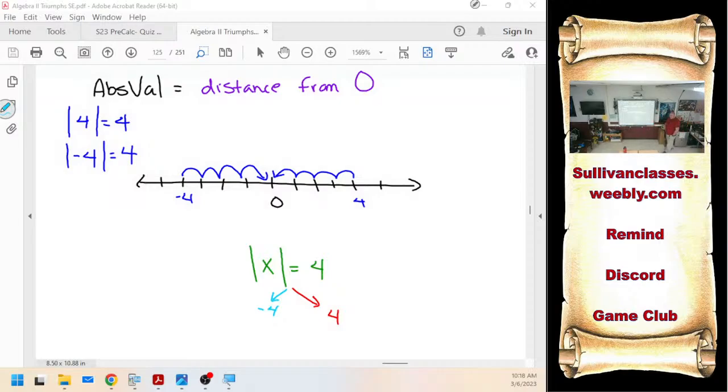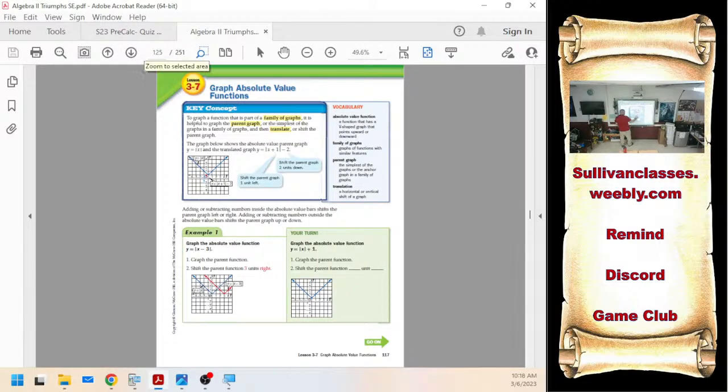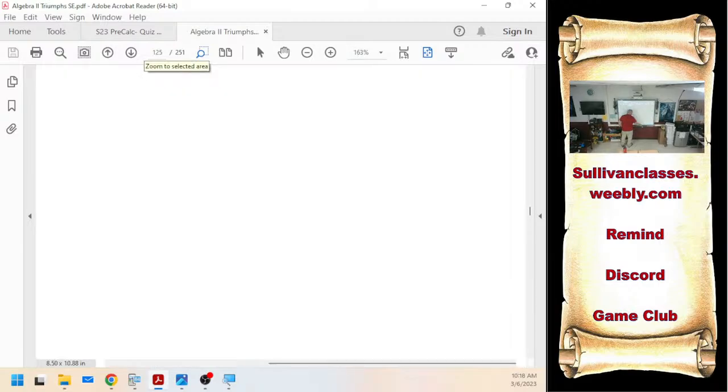If it has to be positive, that's going to take all these lines we've been graphing and bend them. Take a peek at the very first example where they ask us to graph this.